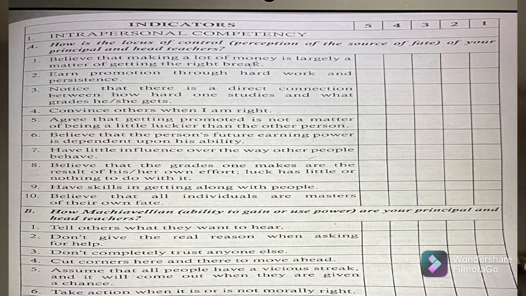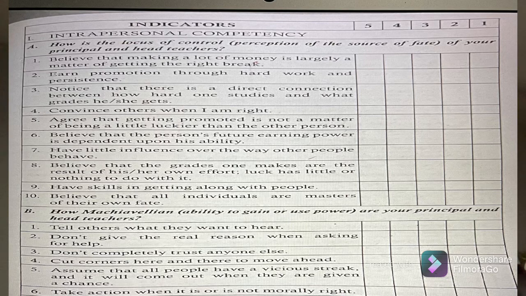Letter A will be the minor criterion or sub-variable, and letter B is also a sub-variable. Items 1 to 10 and 1 to 7 are called indicators describing the sub-variable or sub-criterion. And of course, the 7 are the indicators of the second sub-criterion, for the major criterion, interpersonal competency.